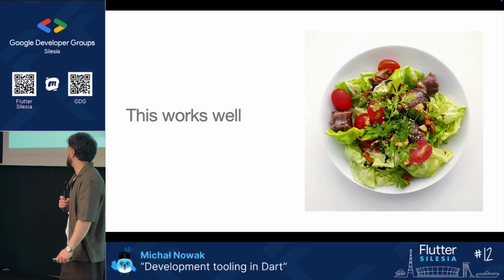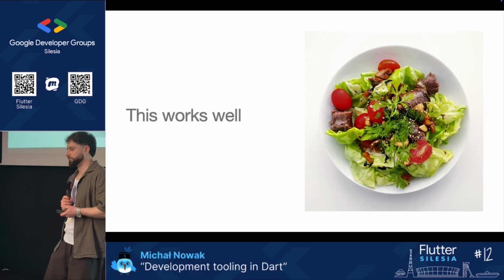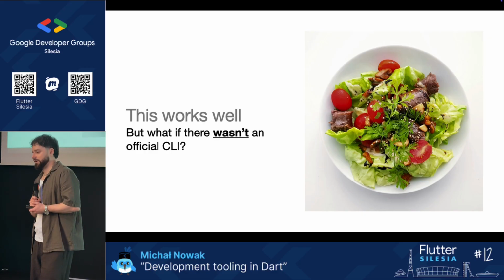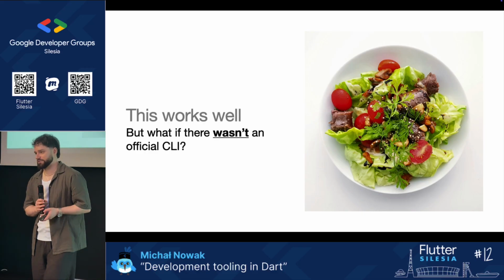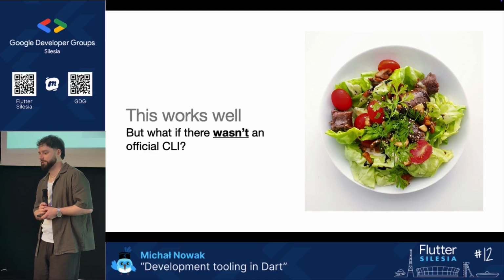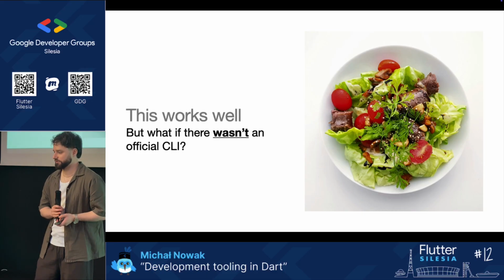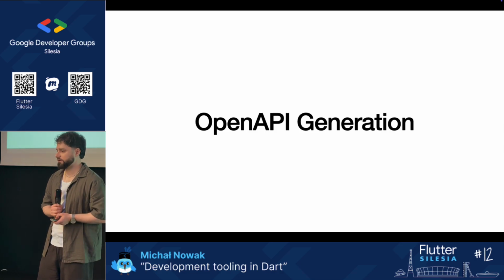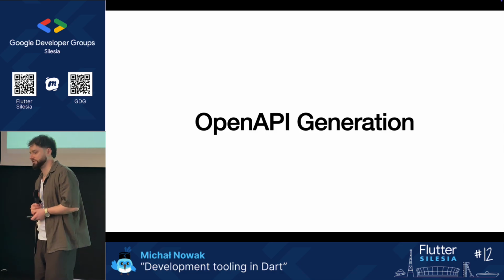I'm sure you know how to do networking in Dart. And what if there wasn't an official CLI from Localize? Then we need to do the request ourselves, right? And for that, we can either just write this code ourselves or generate an API out of some specification.